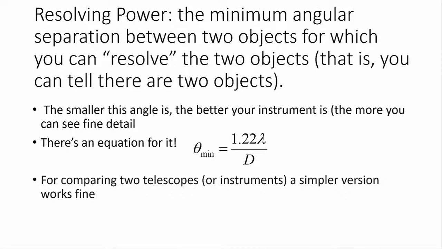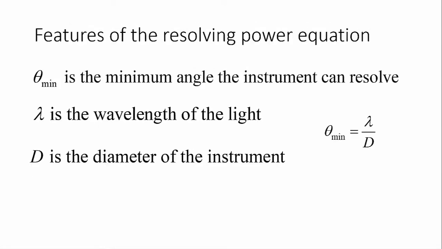However, for comparing two telescopes, we can use a simpler version just fine. We're just going to use that theta min is equal to the wavelength of the light divided by the diameter. Again, theta min is the minimum angle the instrument can resolve, lambda is the wavelength of the light, and D is the diameter of the instrument.